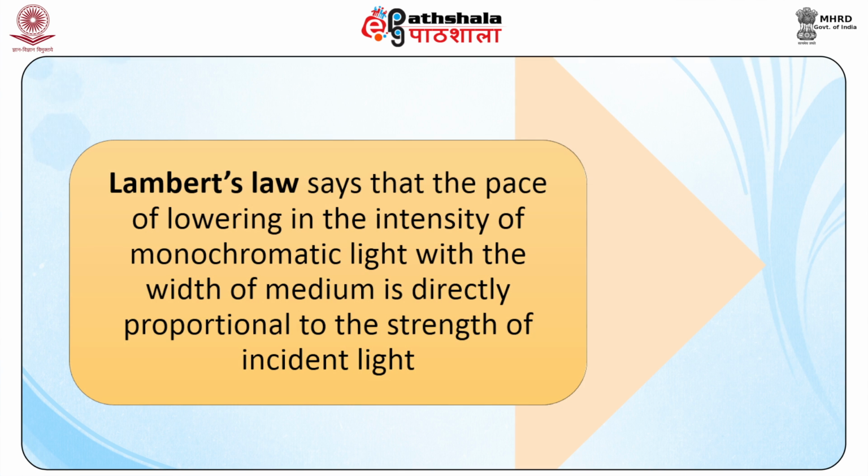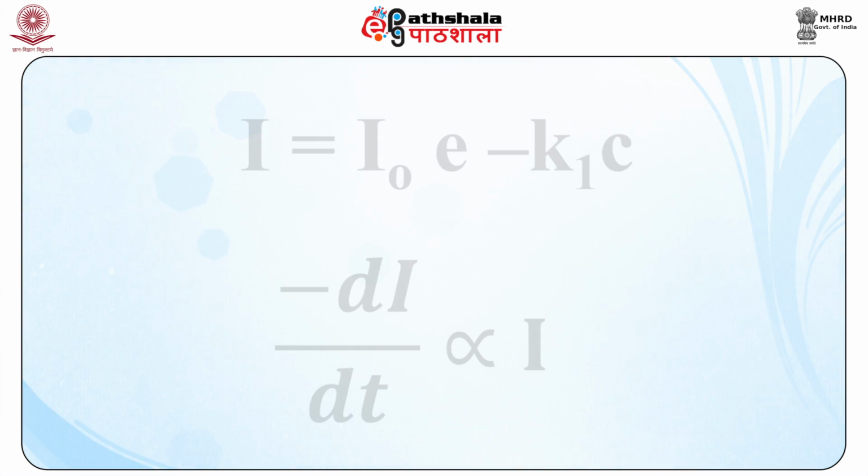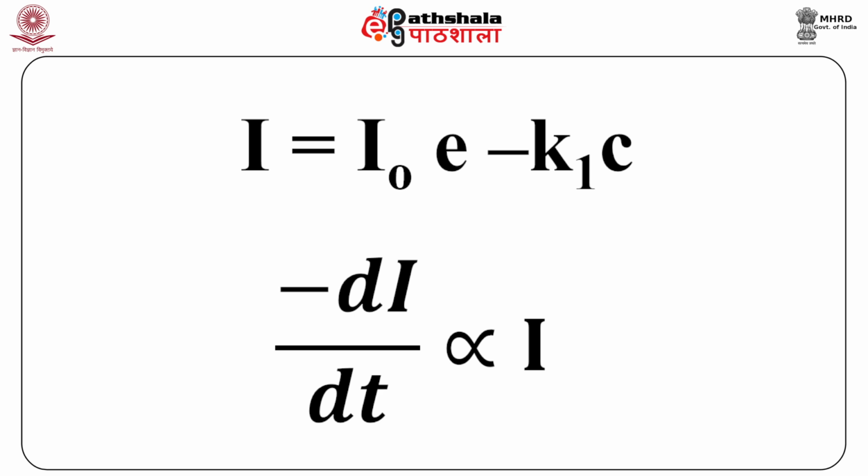Lambert's law says that the rate of lowering in the intensity of monochromatic light with the width of the medium is directly proportional to the strength of incident light. This means minus dI by dt is directly proportional to I, where t is the width of the medium.